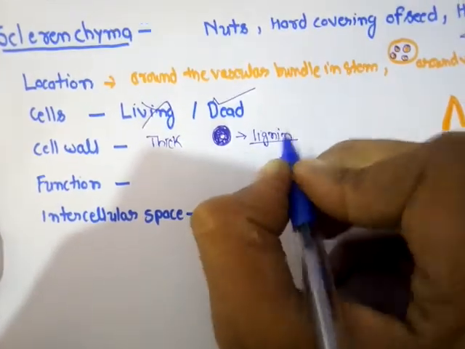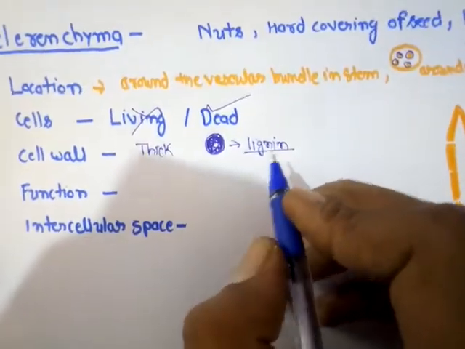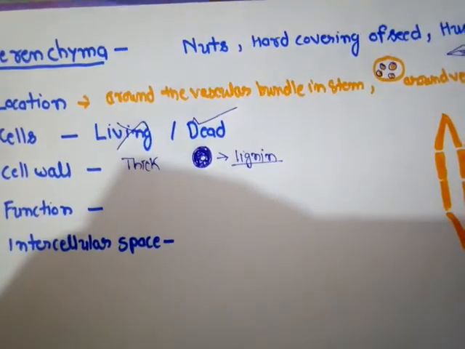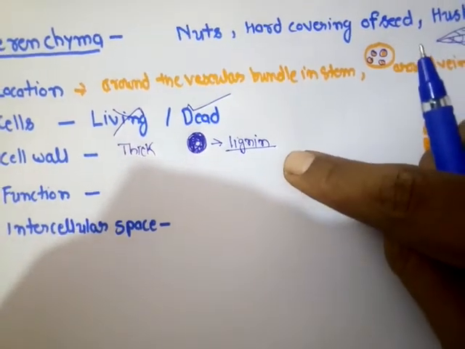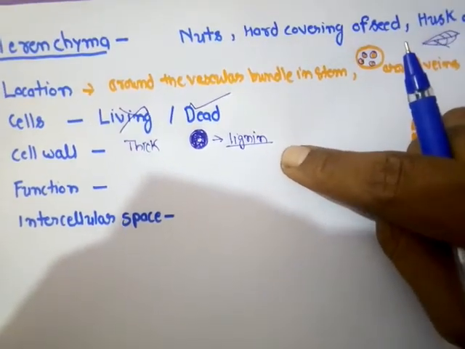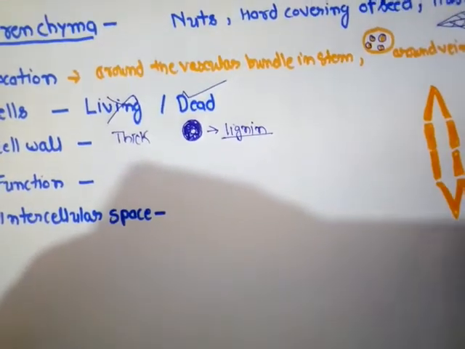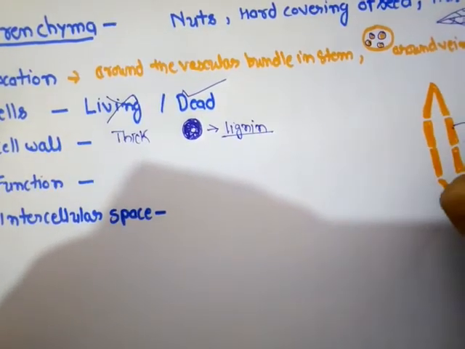This lignin acts as a cementing material that adheres the cells of sclerenchyma with each other. It acts as a cement to adhere the cells with each other and also provides strength to the cells. So here you can see this is the cell wall.